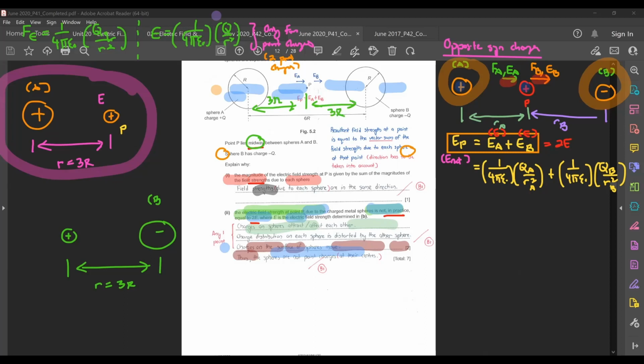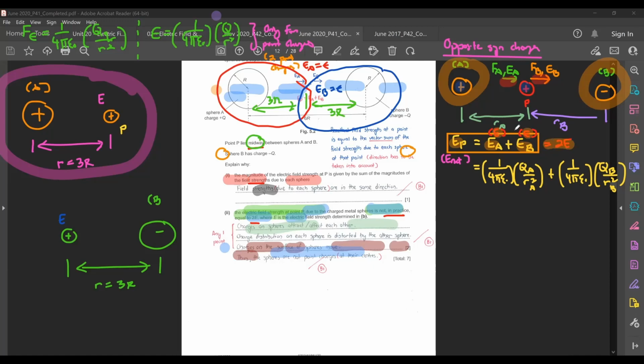So if you had considered just this one alone, they say that EA was E. So you consider this one, by right EB should also be E. Okay, so if EP is equal to EA plus EB, shouldn't this mean E plus E equals 2E?